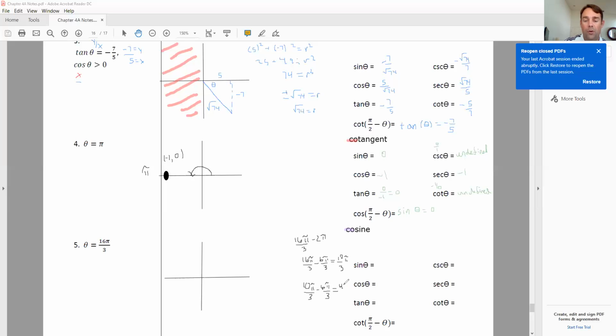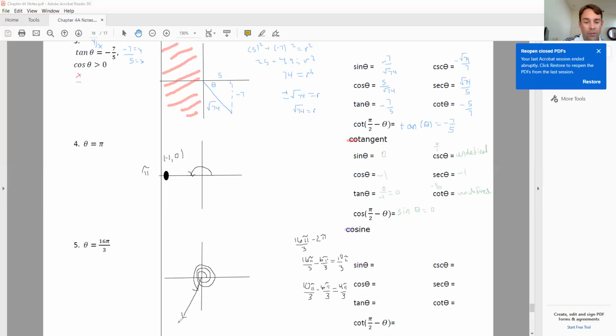All right, so we're going to be at 4 pi over 3, but I'm going to go ahead and sketch it here. So there's my first one, my second one, and my third one right there. So that's the angle right there.